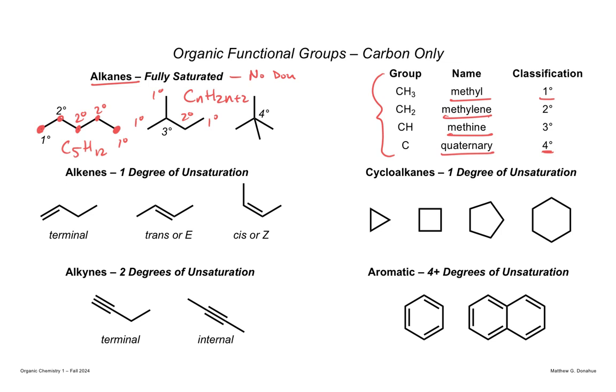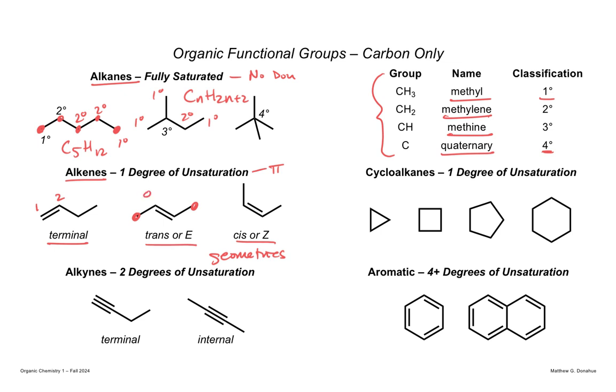So alkenes have 1 degree of unsaturation due to the pi bond. We can describe alkenes as terminal. That's when the double bond exists at the end of the chain starting at carbon 1. Or internal, they start at position 2. And then we saw these geometries that help us determine on what side of the pi bonds the substituents lie.